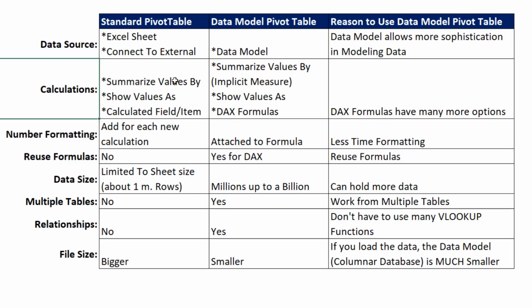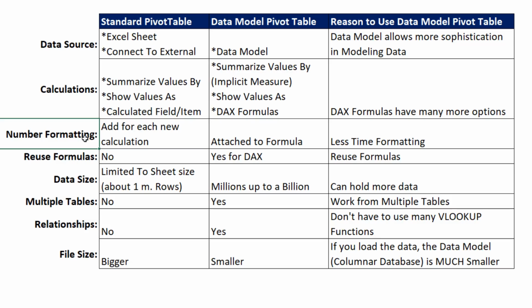The calculations: summarize values by, show values as, and calculated field or item. Those are all in a standard pivot table. Data model: well, yeah, we could do summarize values by, but as we saw last video, that'll create an implicit measure, and that has some drawbacks. You can do show values as in a data model pivot table, but DAX, that's the real power. DAX formulas have many more options than a standard pivot table.